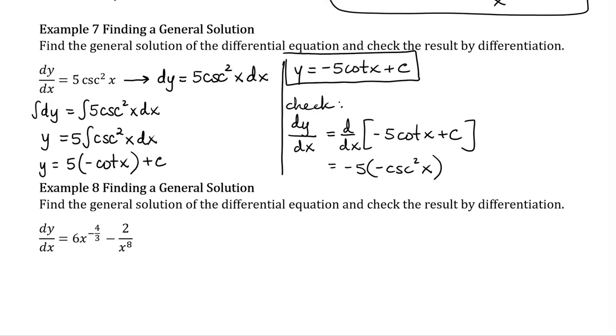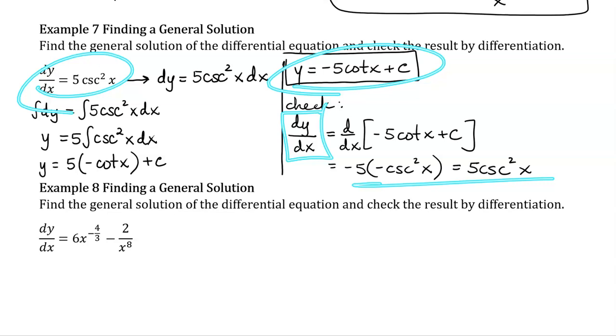And the derivative of this constant c is simply 0, so I don't have to write that. And very perfectly, this leaves us with 5 cosecant squared x, which is exactly what we started with. So yes, we did find a function whose derivative was 5 cosecant squared x, which is exactly what we wanted.